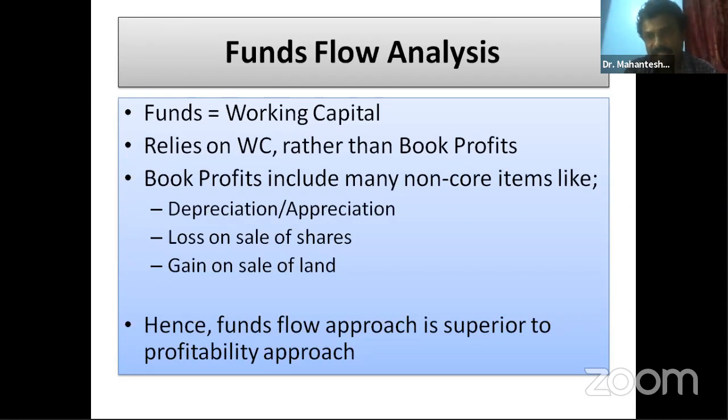By selling the shares, you have earned some money. So that money, that revenue you have generated by sale of shares, bonds or sale of assets, is not from your core business activity of a garments business. That's why it is called a gain. Core and non-core items clear now? Non-business activity, non-core business activity.